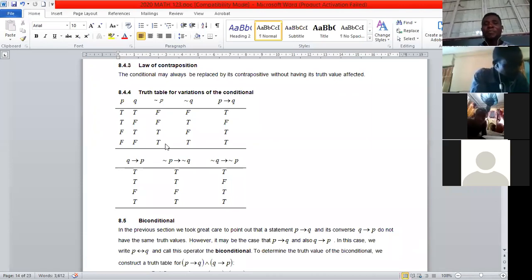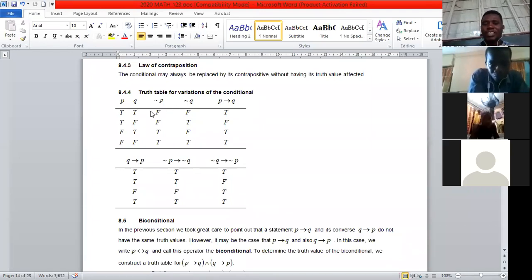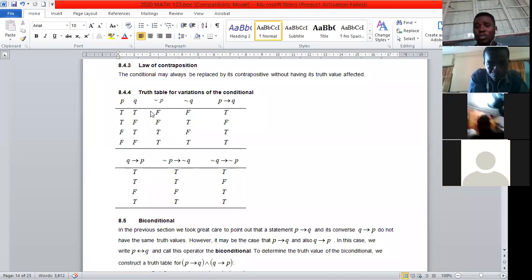Now let's see. You have to remember the truth table for a conditional statement. Don't forget, I taught you the truth table. Look at the truth table here for P and Q. What is the negation of P?